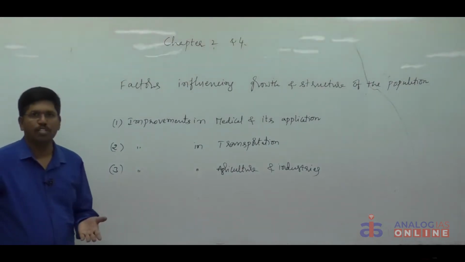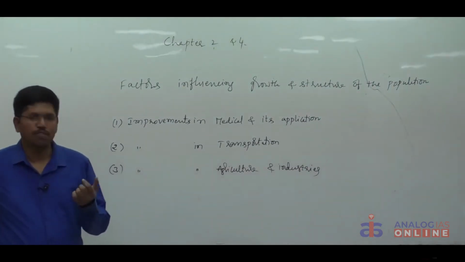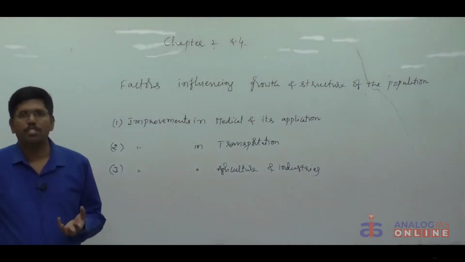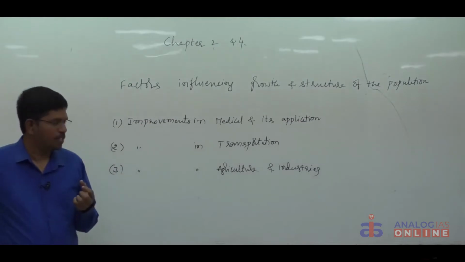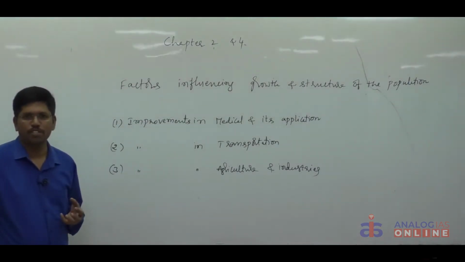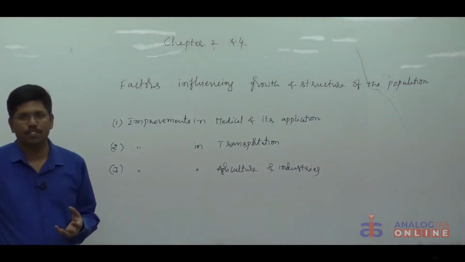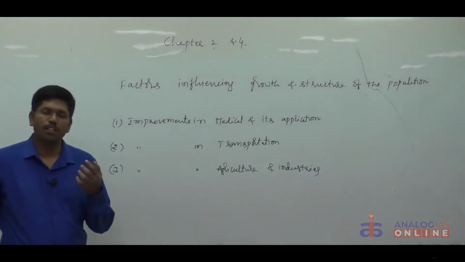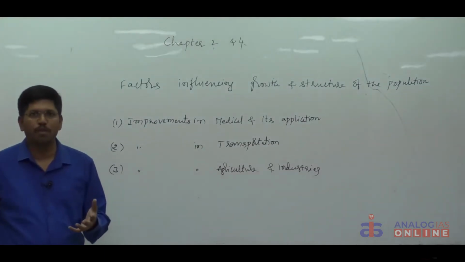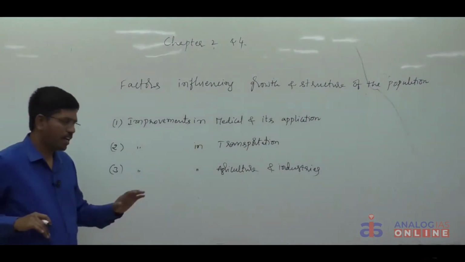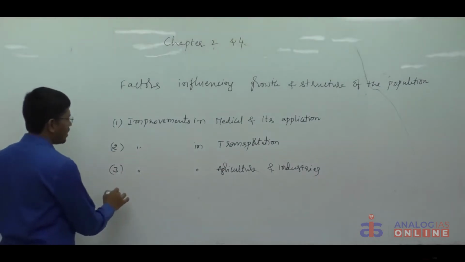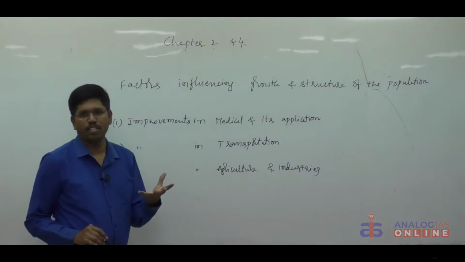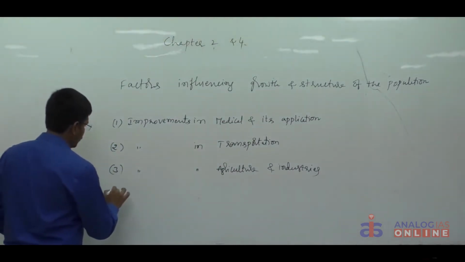That's why agriculture was developed and the production was increased. Similarly, because of industrial development, because of the many measures taken by the government, we observed establishment of many industries. That's why employment avenues were increased. Because of all these things, the income of the people was increased. That's why the people got the confidence that they can feed enough number of people if they produce. That's why again population was increased. Ultimately, because of developments in the field of agriculture and industries, affordability was increased. That's why they started producing more children.